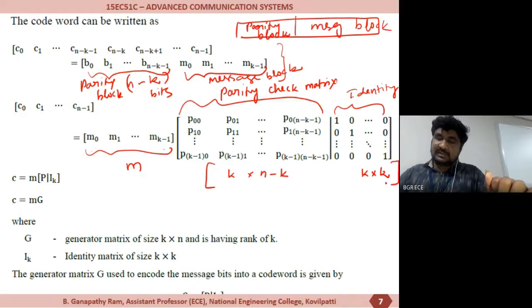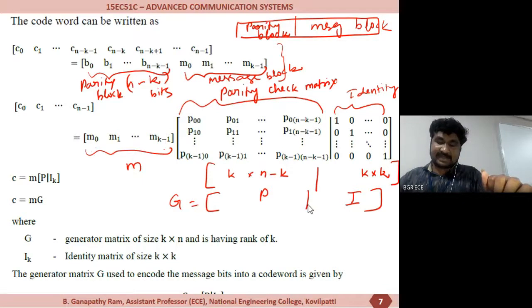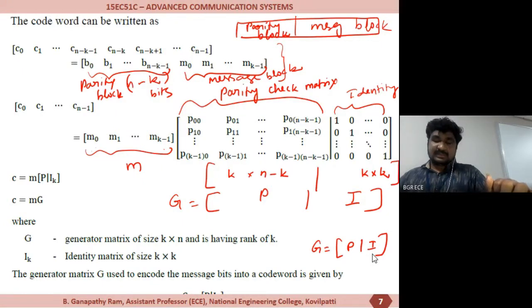The combination of the parity matrix and the identity matrix is called the generator matrix. G is equal to the combination of P and I. The parity matrix is of size k cross n minus k, and the identity matrix is of size k cross k, so both have the same number of rows.